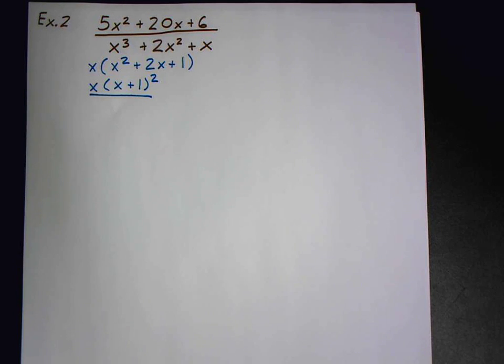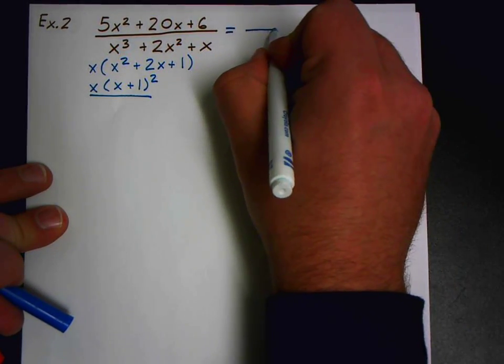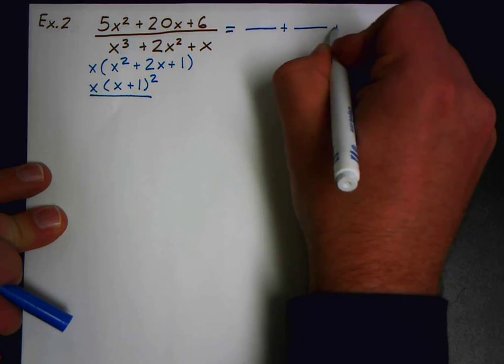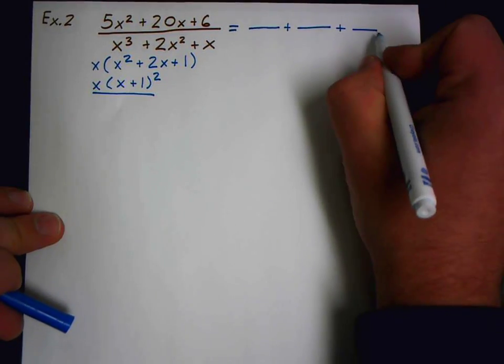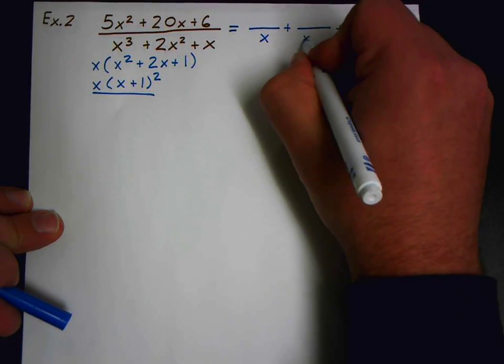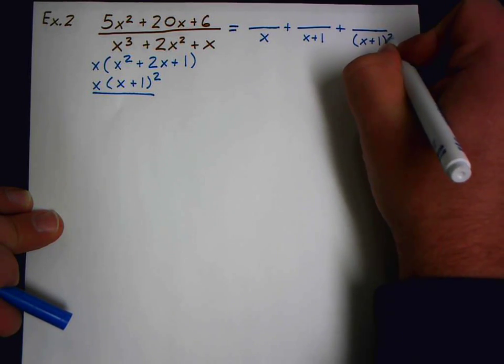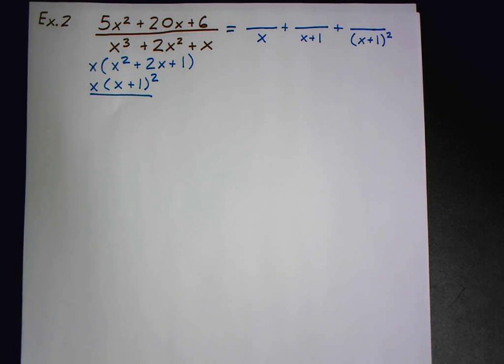Okay, so I factored it and I got that. On this one, you have to do 3 fractions. Whenever you have something that's squared, or any power, you have to do each iteration of that power.